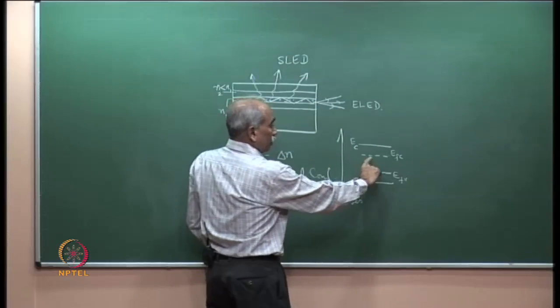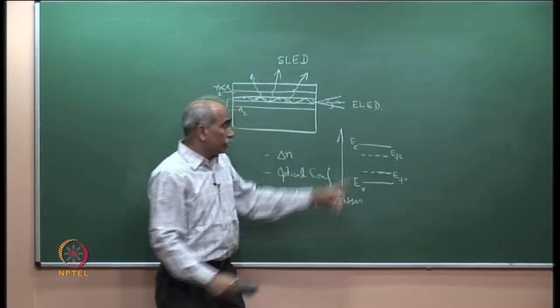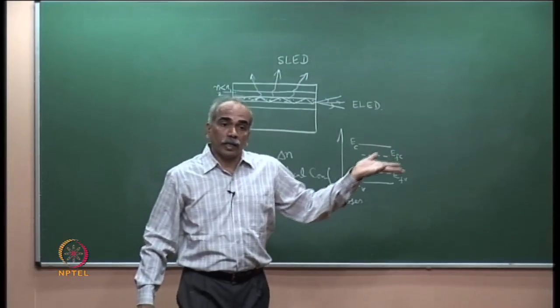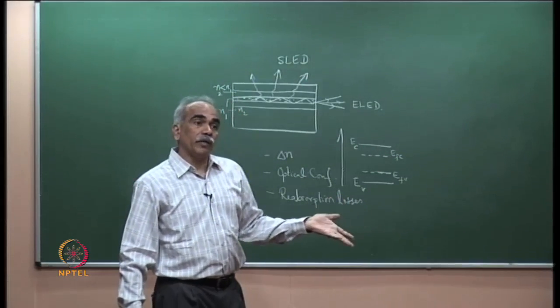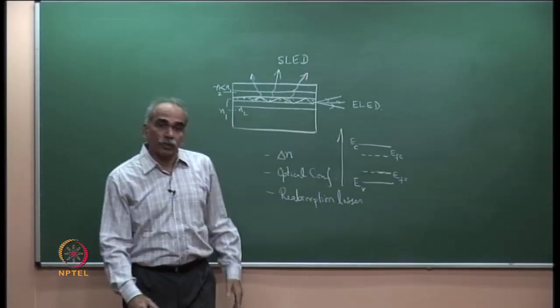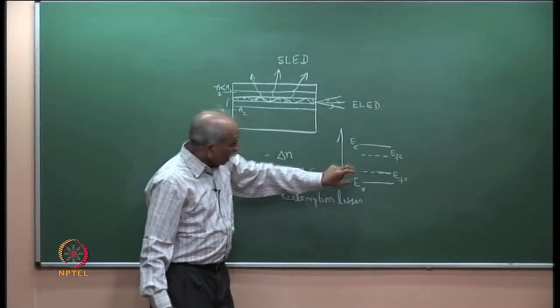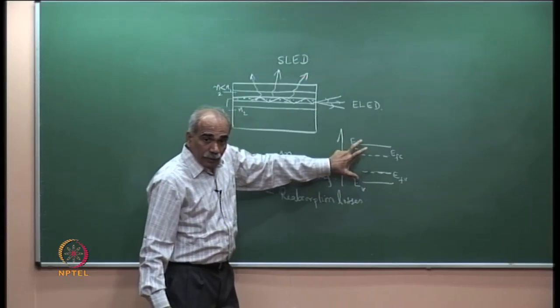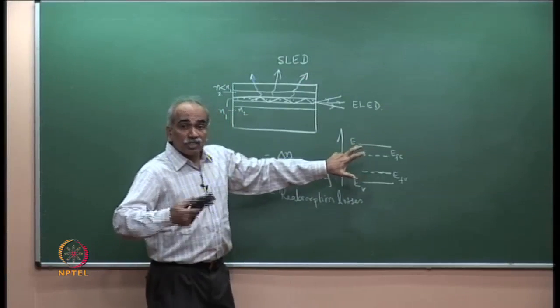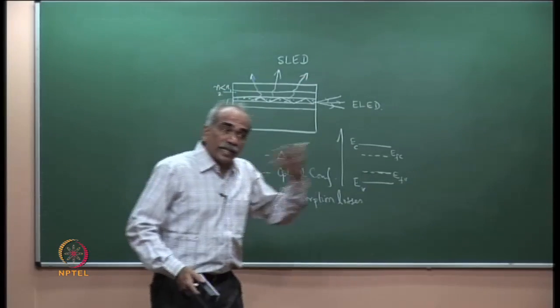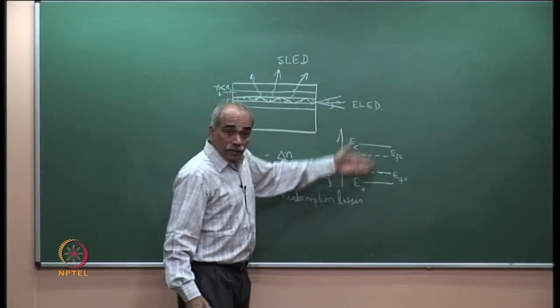And you know that when the separation between the Fermi levels is larger than Eg, then stimulated emission will take over absorption. The probability of emission will be more than that of absorption, and stimulated emission will take over. As you start increasing this separation, stimulated emission starts slowly increasing. Although it has not yet taken over, it is increasing.